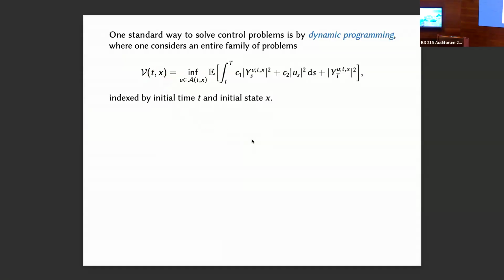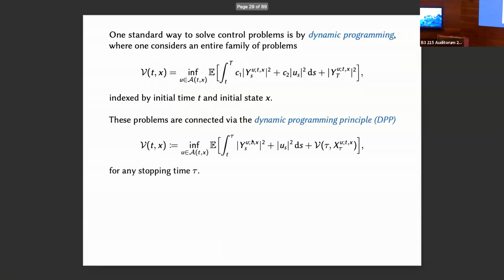For each initial time and initial state, you write down the problem. And then you try to link this family of problems by the dynamic programming principle, which essentially says that instead of optimizing over the entire time period, you are allowed to chop it into two smaller pieces, optimize on each sub-interval independently, and then paste together your optimal controls, and this gives you a globally optimal control.